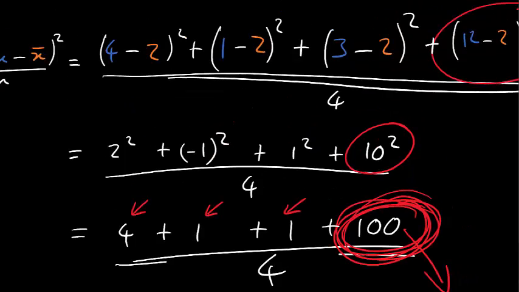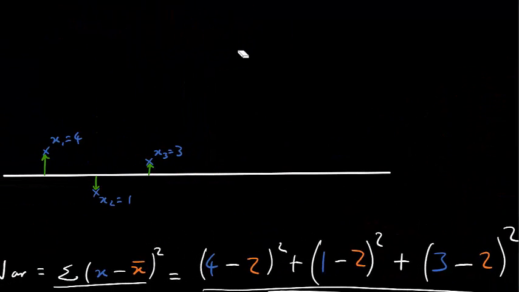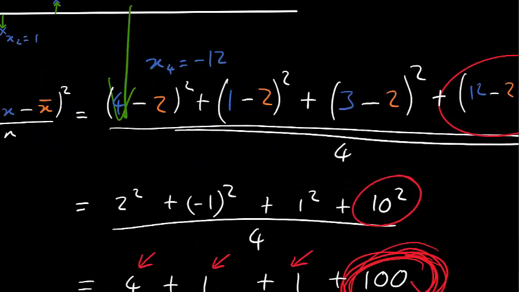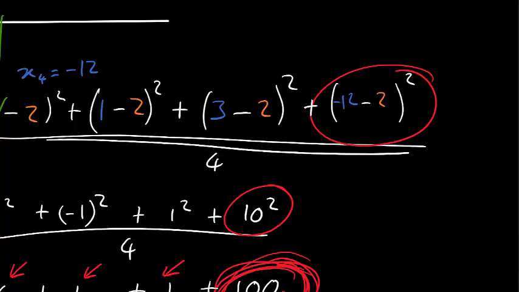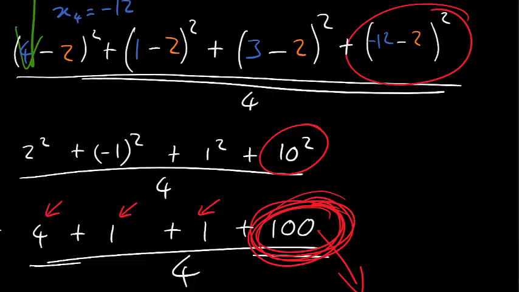And that's true as well if this was down below the line. So if this was way down here somewhere, let's say, for example, x4 was at negative 12. Sorry, I'm running into my previous working. That doesn't matter, because I'll still have negative 12 minus 2, which comes out as negative 14.